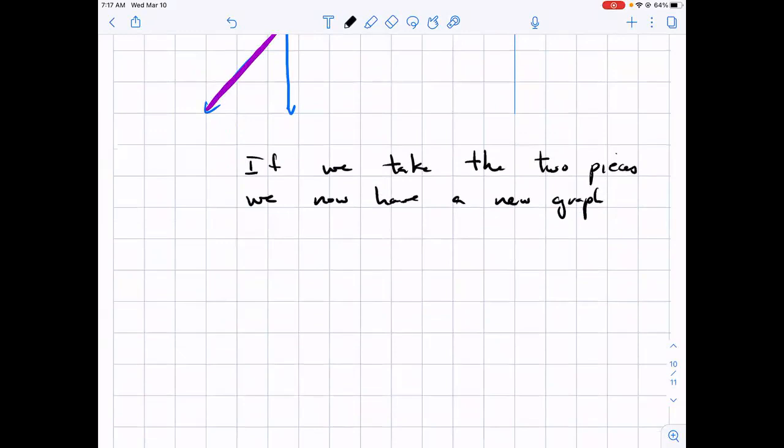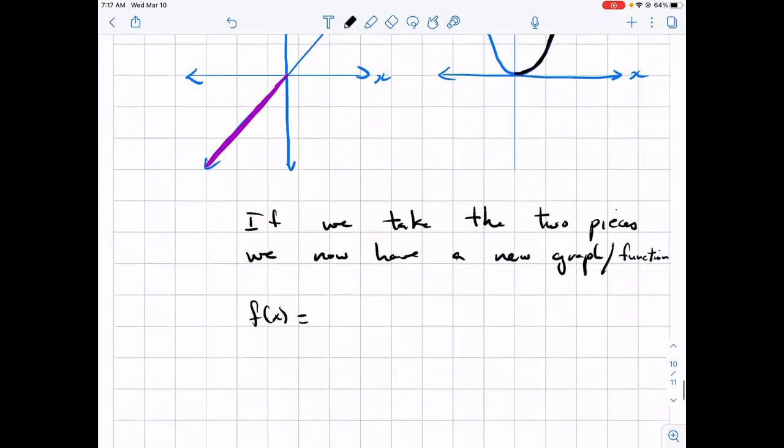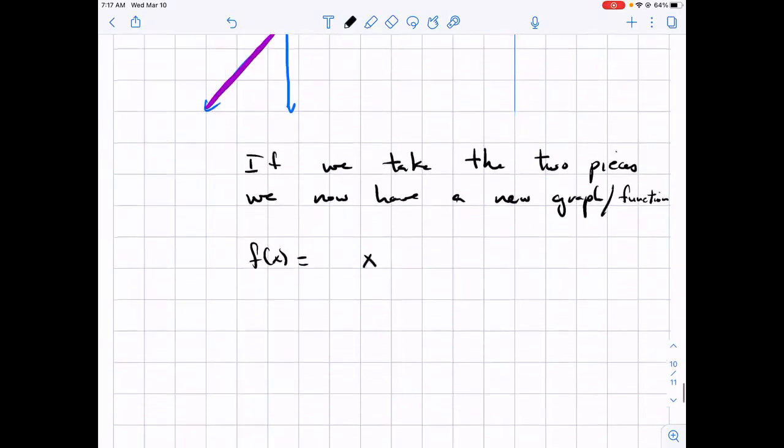And that graph slash function, we can call f of x is equal to x, for x less than 0. And then we also have the graph x squared for x greater than or equal to 0. And this here is my piecewise function, f of x.